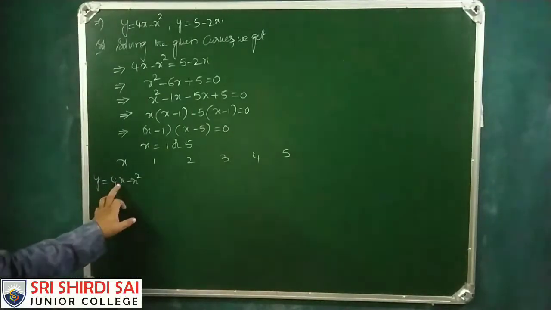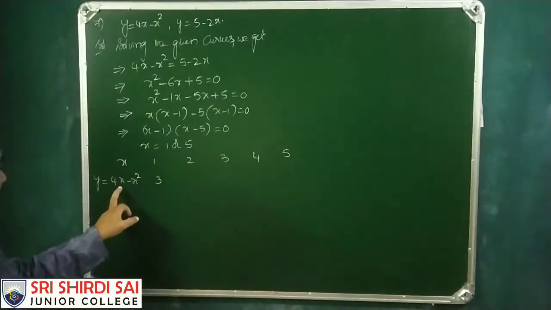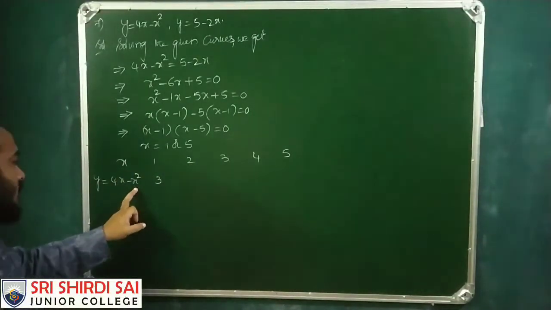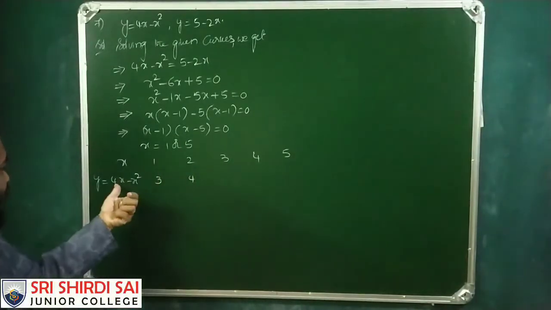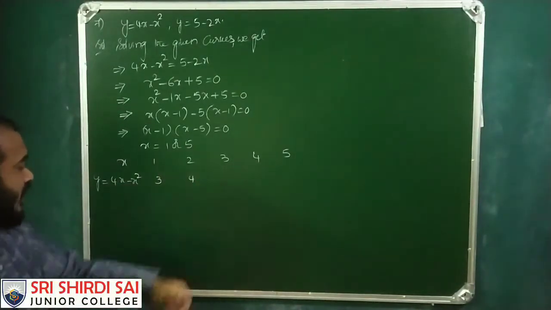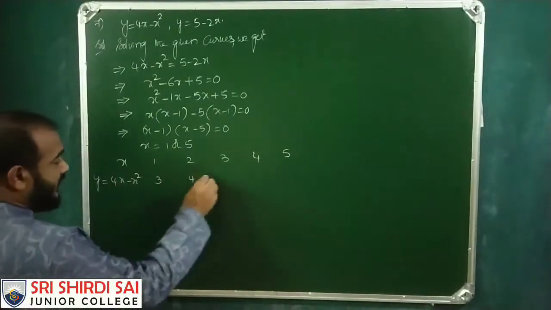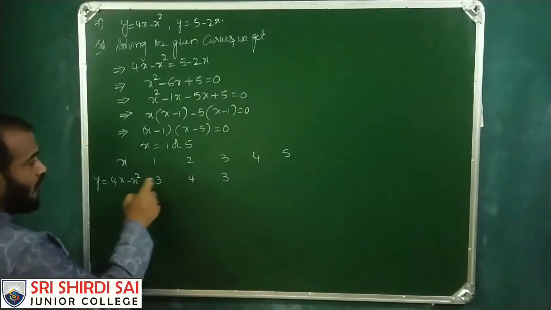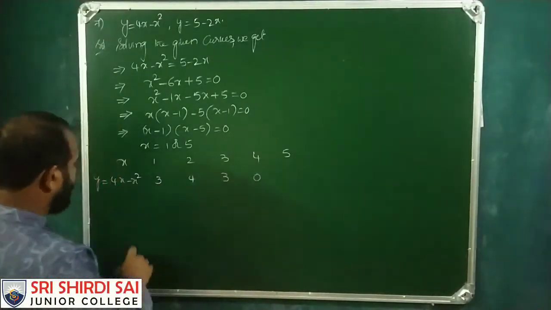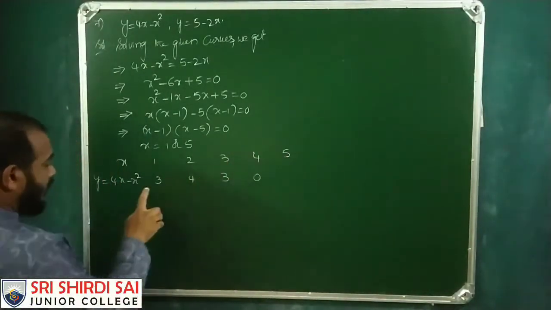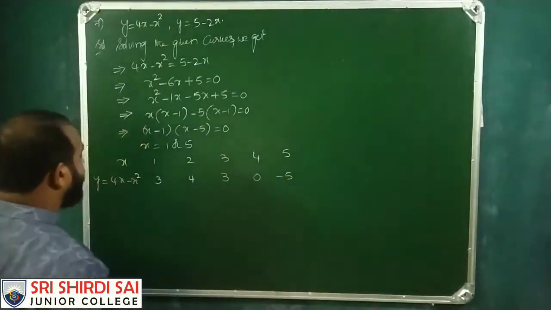Now 4 ones are 4, 4 minus 1 is 3. 4 twos are 8, 2 square 4, so 8 minus 4, 4. Next 4 threes are 12 minus 3 square 9, 12 minus 9, 3. Next 4 fours are 16, 4 square 16, 0. 4 fives are 20 minus 25, so minus 5.